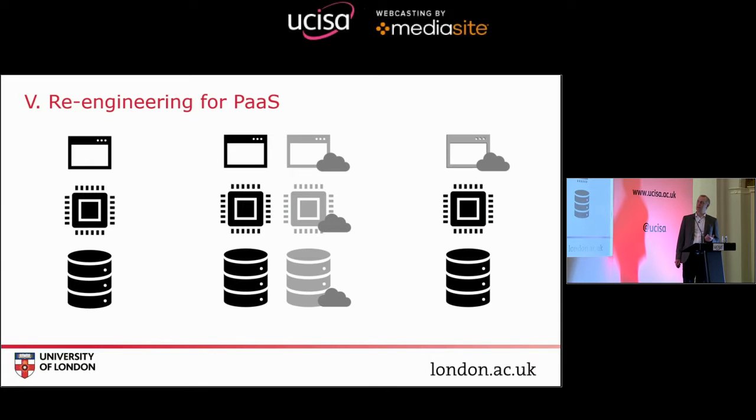Or we might have services where we want to move one particular part of the architecture to a cloud offering, maybe extend the database or host the database remotely, but keep the compute on premises where we've already got existing facilities.